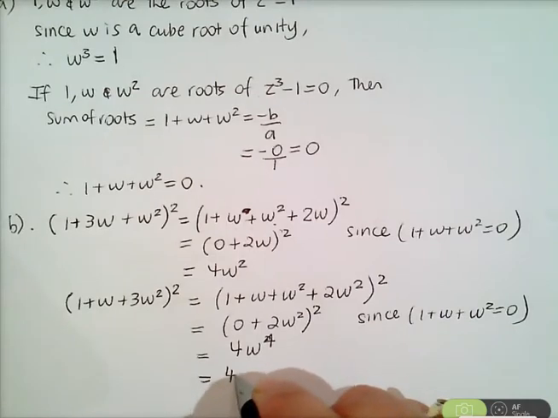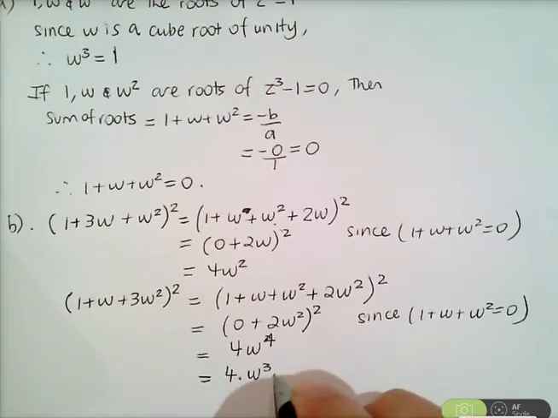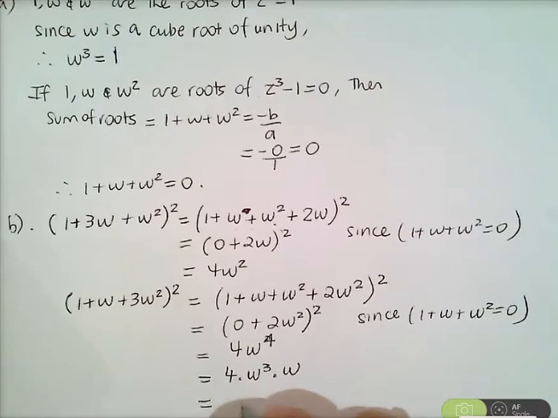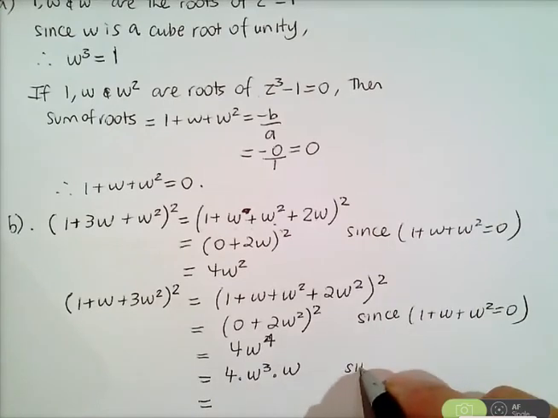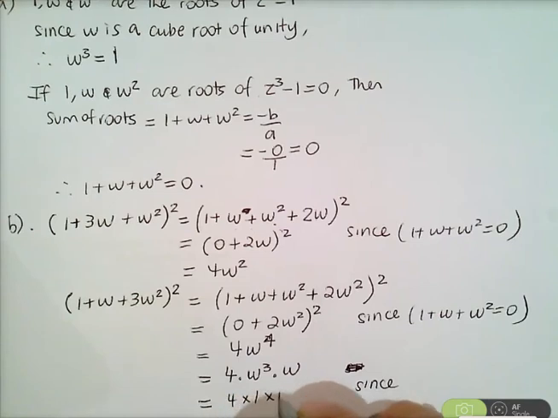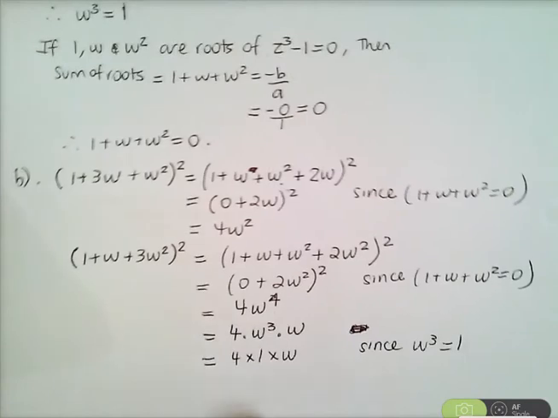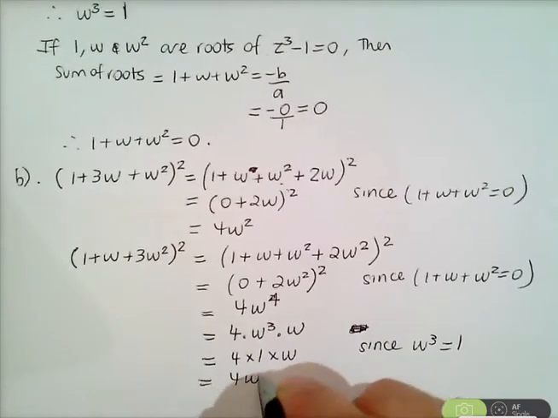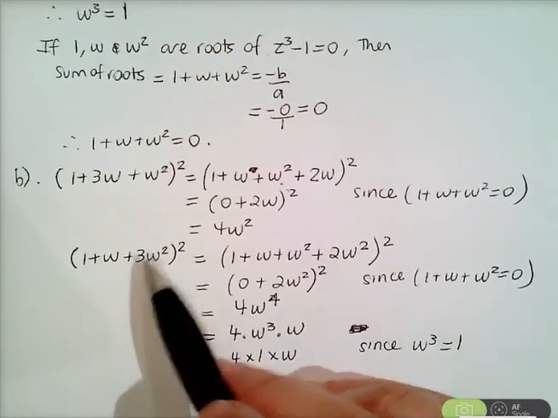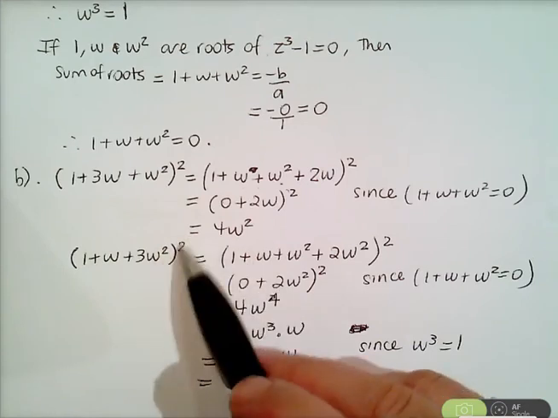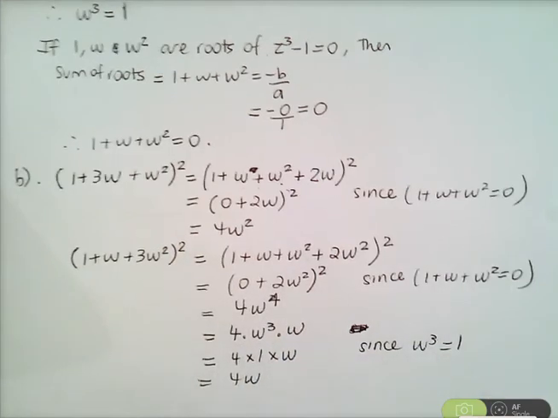So this is 4 times w to the power of 3 times w, which is 4 times 1 times w, since w cubed equals 1. And so therefore a simplified expression for 1 plus w plus 3w squared all squared is 4w.